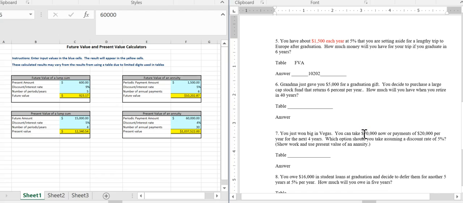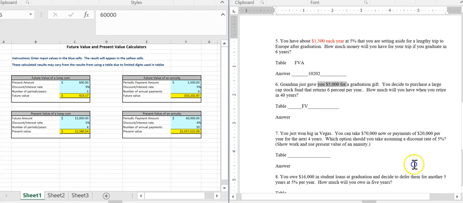Go enjoy. Okay, Grandma just gave you $5,000 and you want to purchase your first fund. You want to buy some stocks. How much money will you have when you retire? Again, you're going to retire, you're not retired yet, 40 years. So that's future value. Go to the money, $5,000 only.